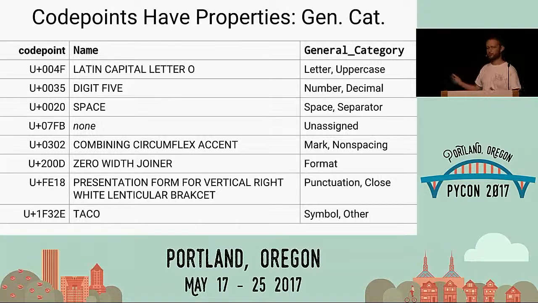New characters can be added in later revisions of Unicode, and when your regex engine updates its own little copy of the character database, it will work with those new assignments. And they're intentionally structured so that there's a general category and then a more specific one for most of these. So all the letters have a letter category, and then they're also subdivided into uppercase and lowercase and other.